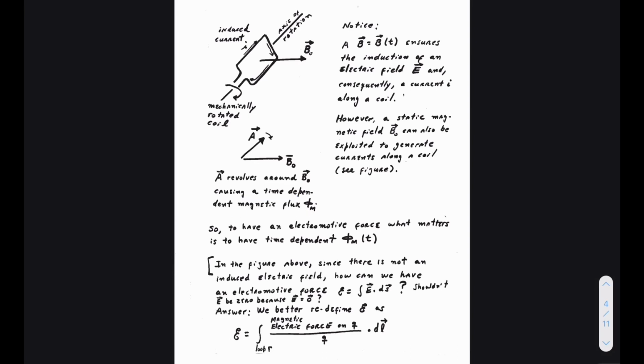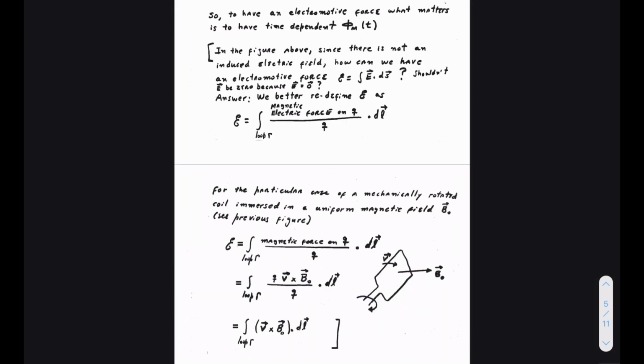Now, in this case, we see that there is no induced electric field. So how can we have the electromotive force like this? In this case, we can redefine the electromotive force to be like this, where we replace the electric field with this term, which is the magnetic force per unit charge.